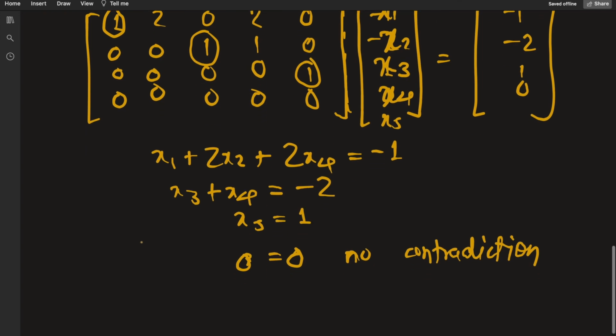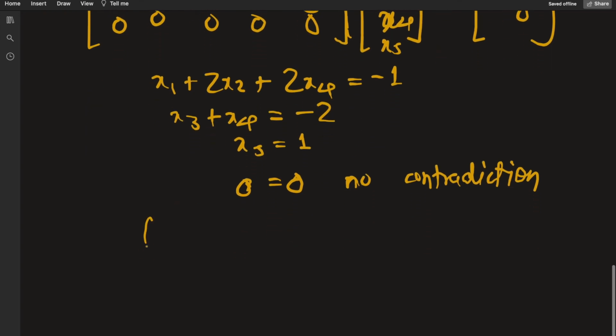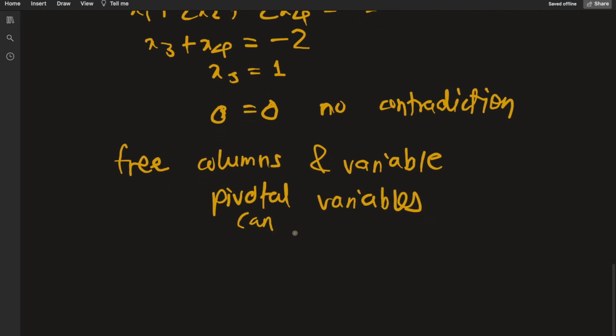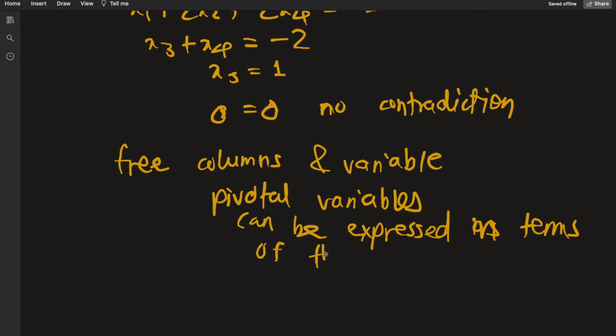Now the basic idea about free variables, free columns, is that all the pivotal variables can be expressed in terms of the free variables.